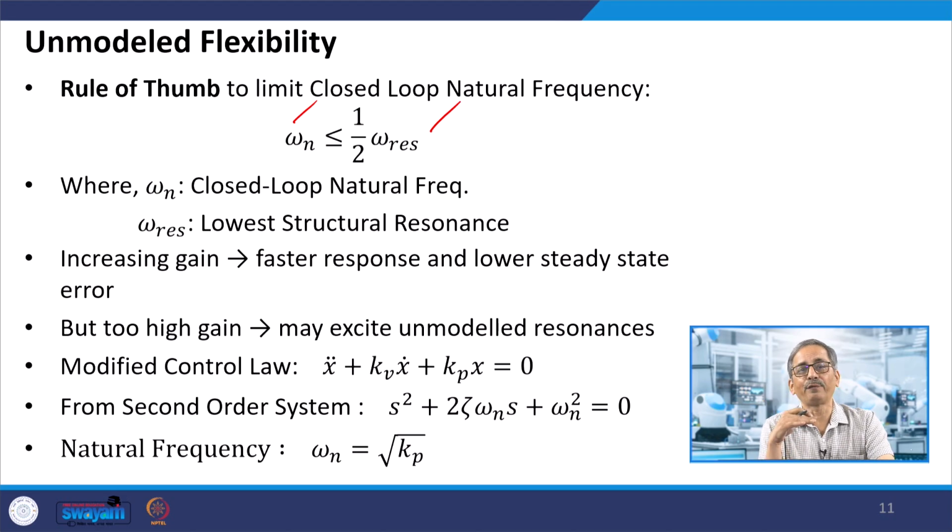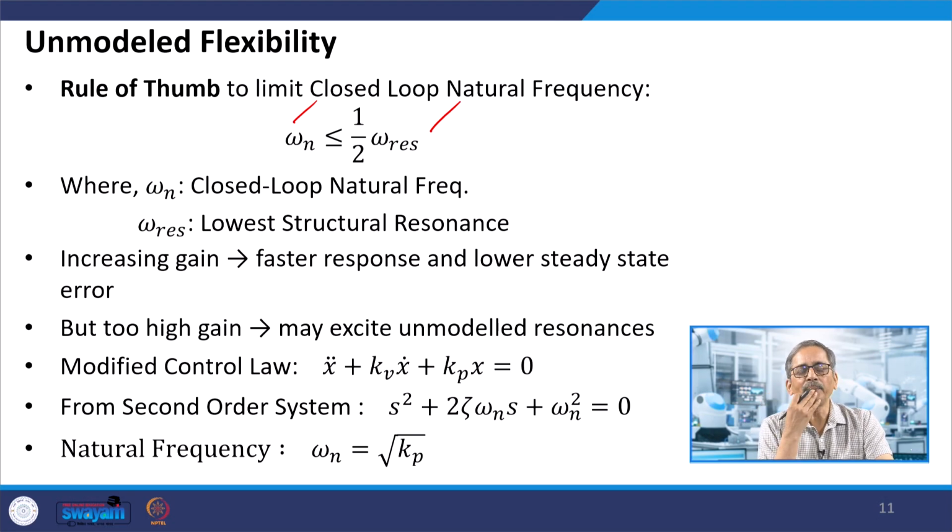Now, if we increase the gain, as we have seen in the previous lecture, we have a faster response and a lower steady state error. But too high a gain may excite unmodeled resonances, and also very high gain makes your system unstable.